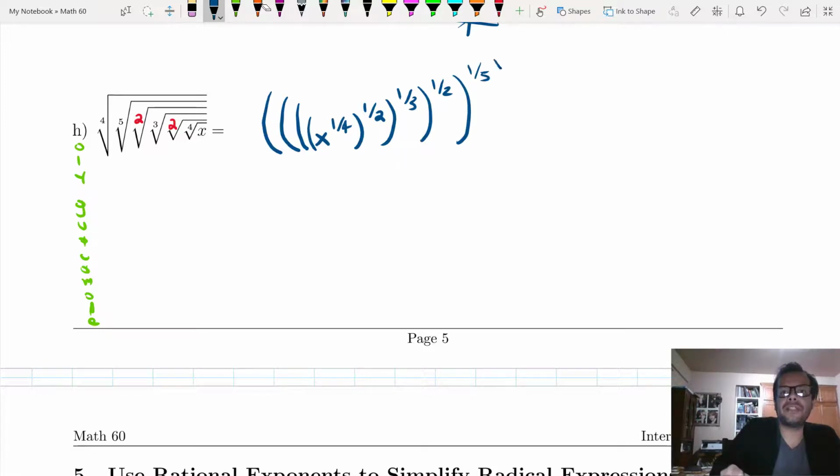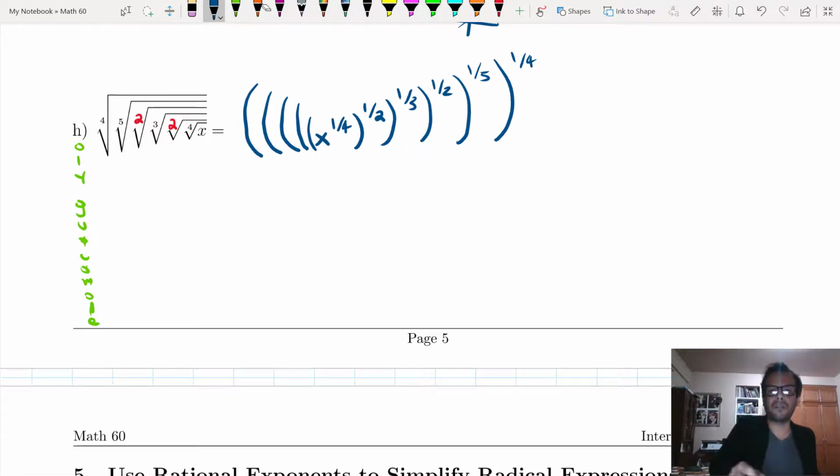And then finally to the 1/4. See, they also call it the Wi-Fi signal problem, right? Do you see the shape right here? It looks like the Wi-Fi signal, right? So that's a nickname it has.